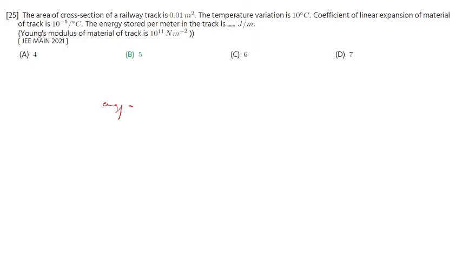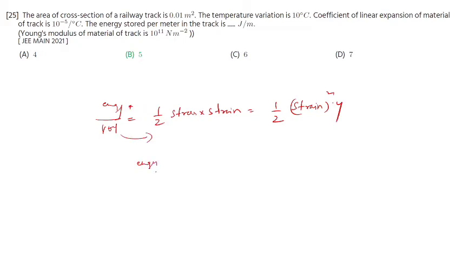Actually, energy stored per volume is equal to half into stress into strain, but we can write this as half into strain square into Y. But here they are asking energy per meter, no? So we'll bring the volume that side.